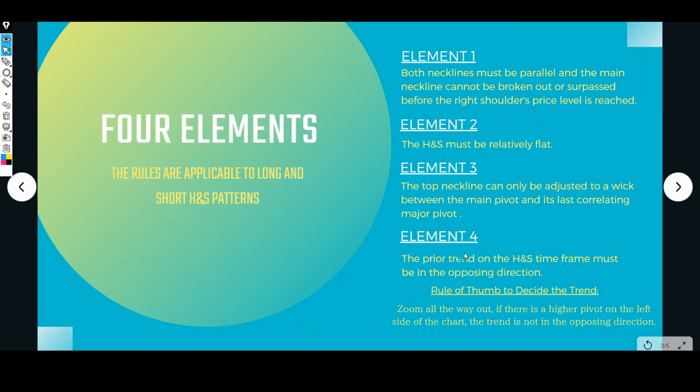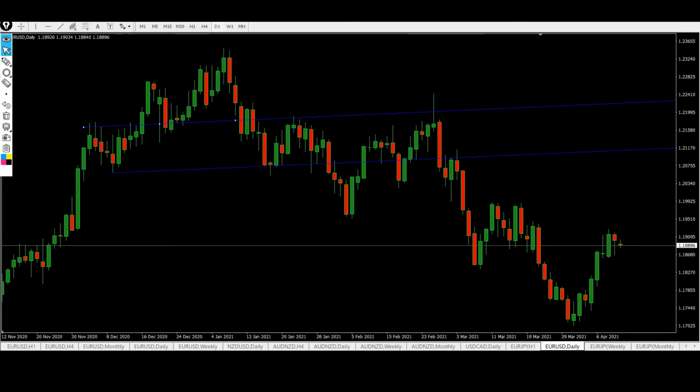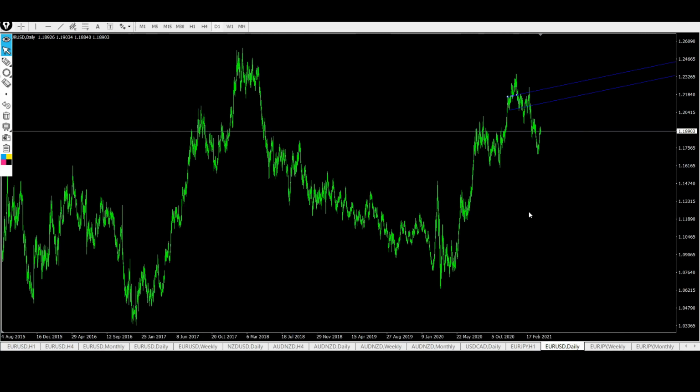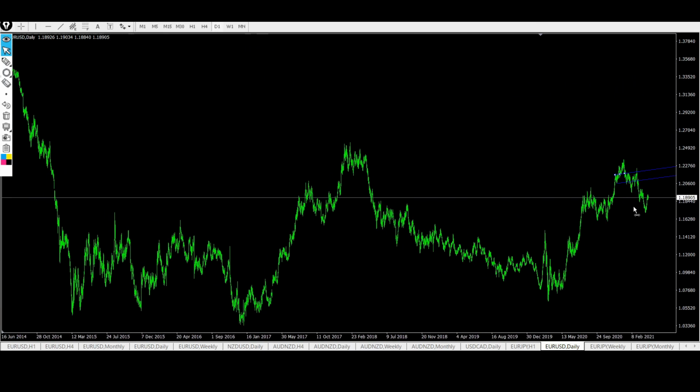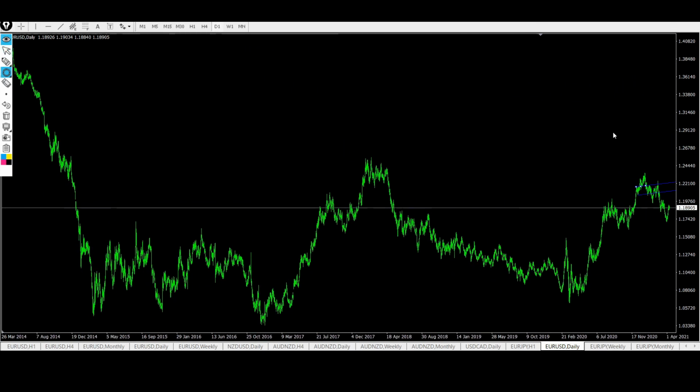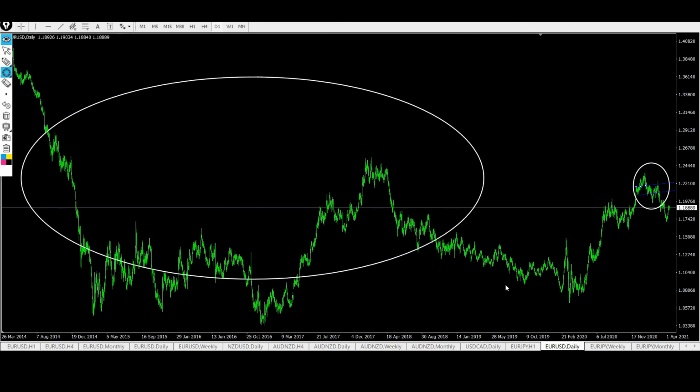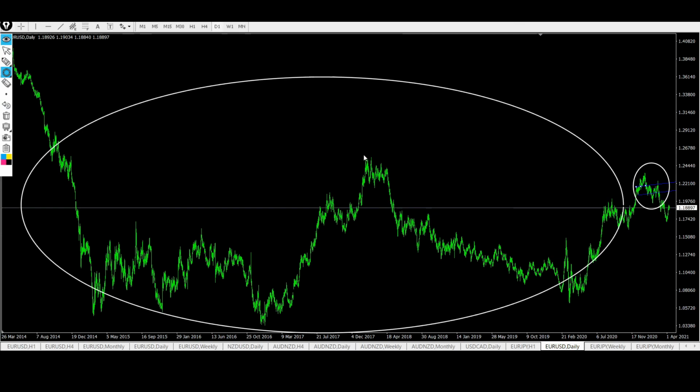Okay, element 4. The prior trend on the H&S time frame must be in the opposing direction. Okay, so again, we'll zoom all the way out and bring that H&S to the right side of the chart. So that H&S is right here. Now the price on the left of this H&S pattern has higher highs all over the place, which means the prior trend before this H&S was actually down.